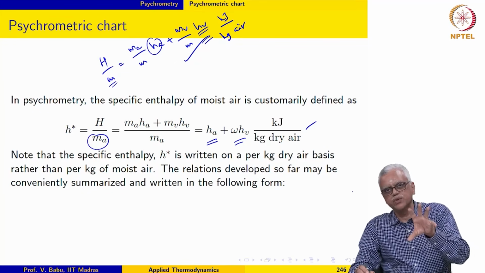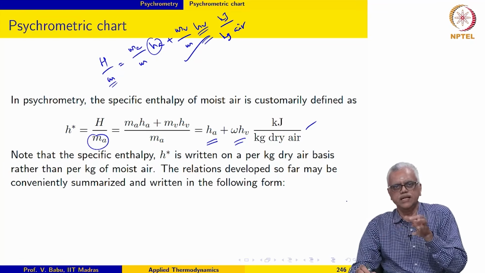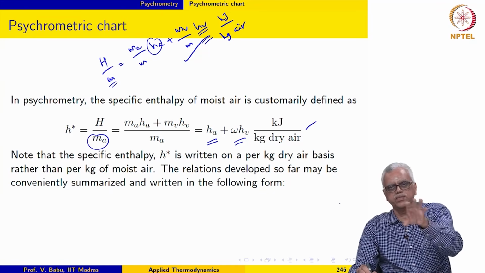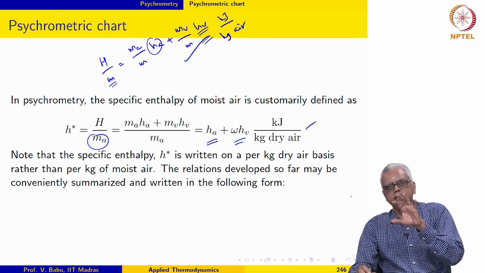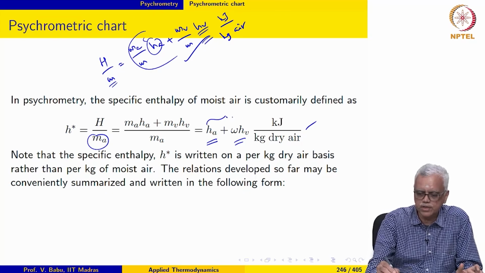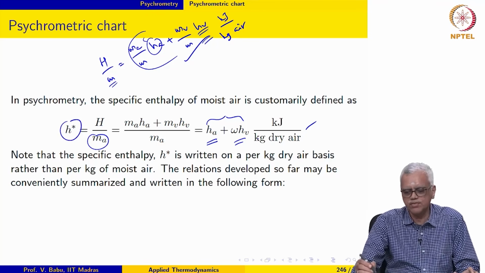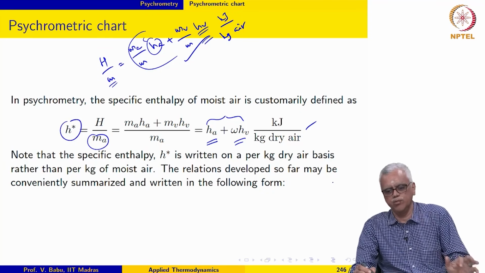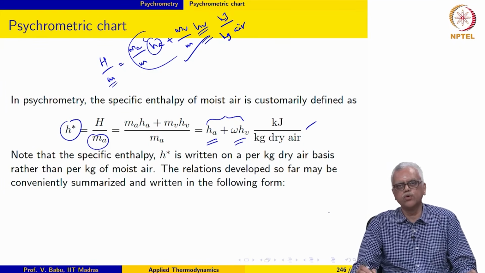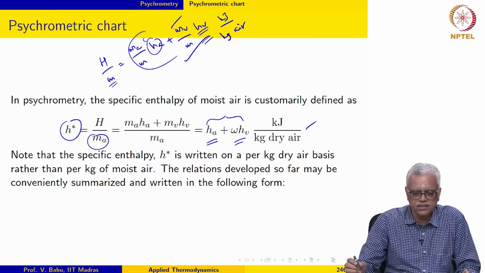But this is specific enthalpy on a per unit mass of moist air. In applications, when we apply energy balance to practical problems and the examples that we have seen, this combination does not appear. We always see that this other combination is what appears, and this is the specific enthalpy which we have denoted H star, specific enthalpy on a per kg dry air basis. This is far more useful in psychrometric applications than this, but there is nothing wrong with this also.